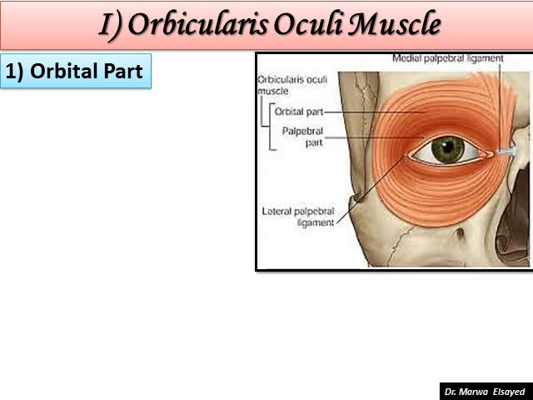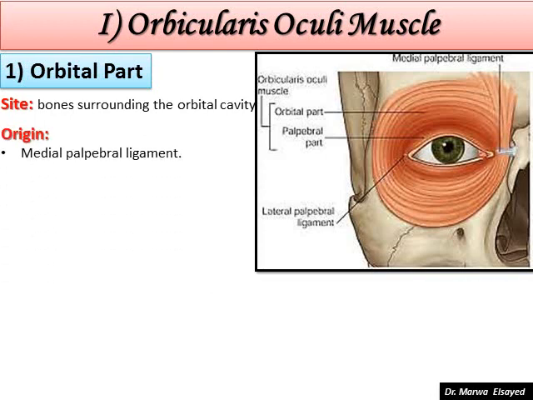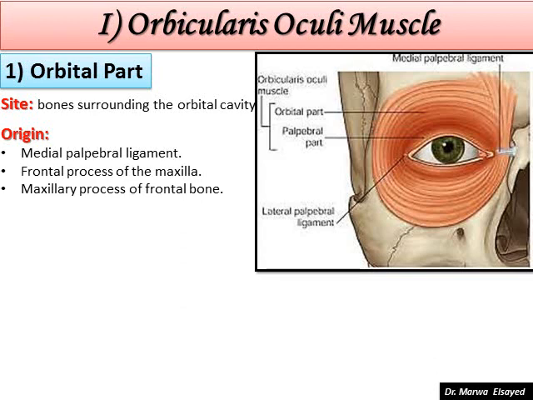The orbital part of orbicularis oculi arises from the medial angle of the eye, from the medial palpebral ligament and the underlying bones, which are the frontal process of maxilla and the maxillary process of frontal bone.